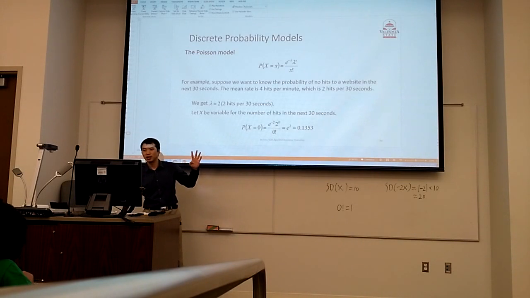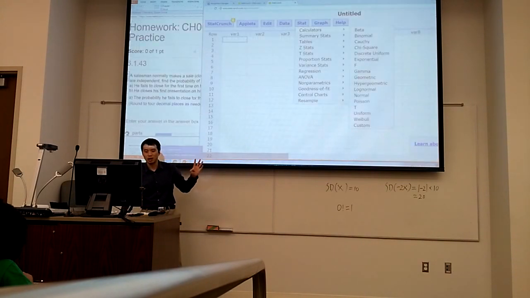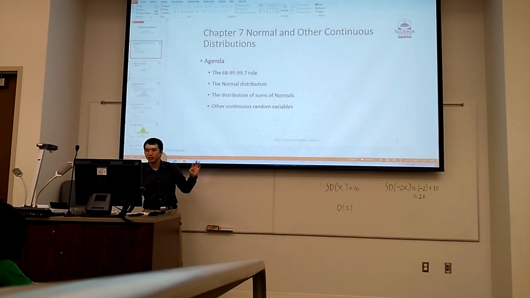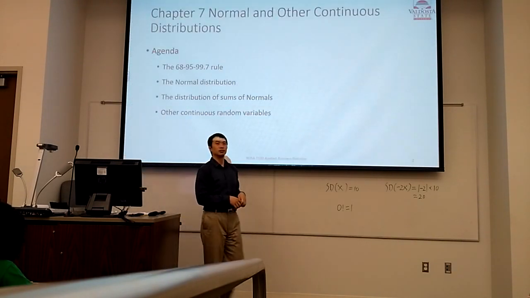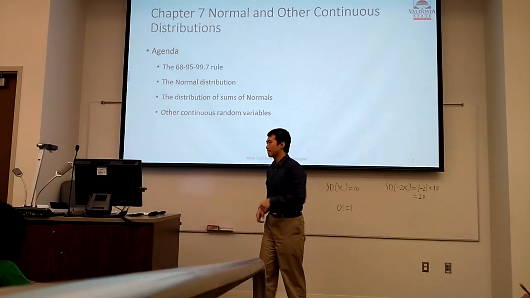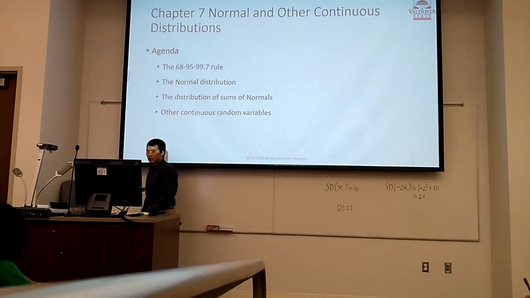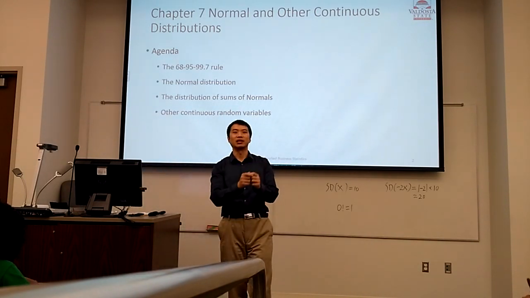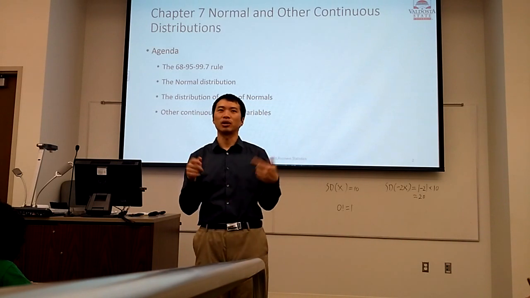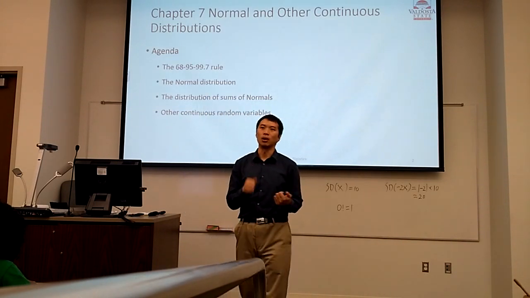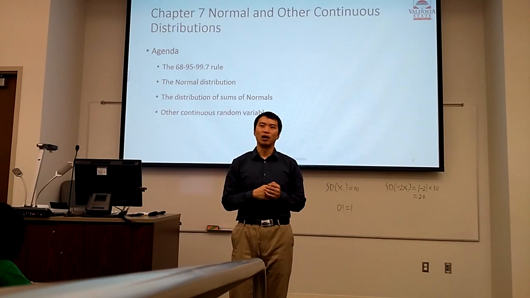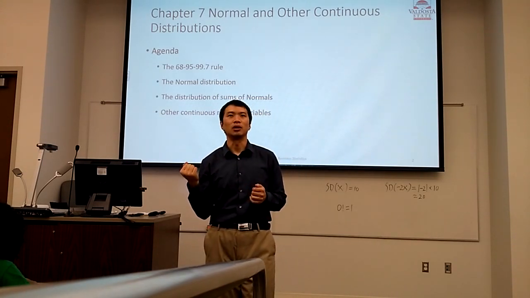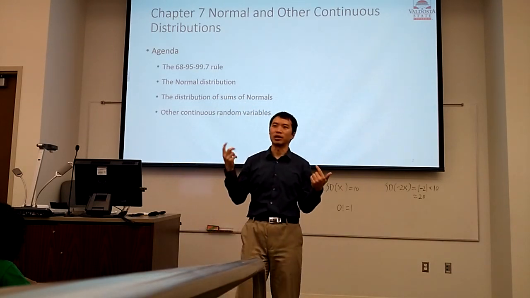The next chapter, we need to talk about continuous distributions. By the way, the next exam will cover chapters 6, 7, and 8. We will start chapter 7 this week. Hopefully we will finish chapter 7 by next Tuesday, and we will have one more chapter, and then we will have the second exam.